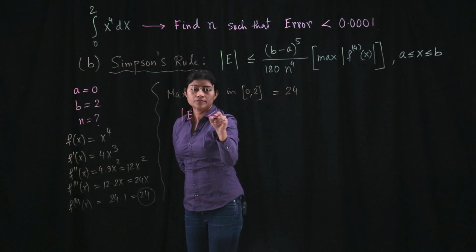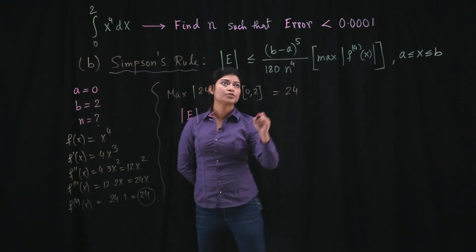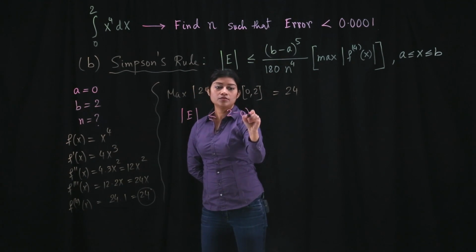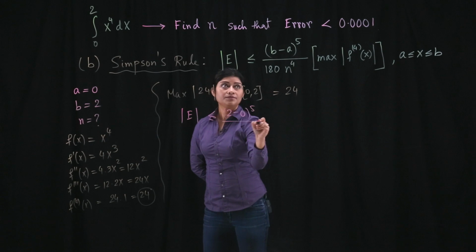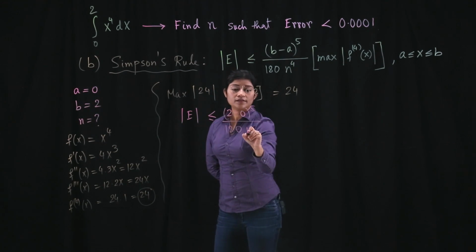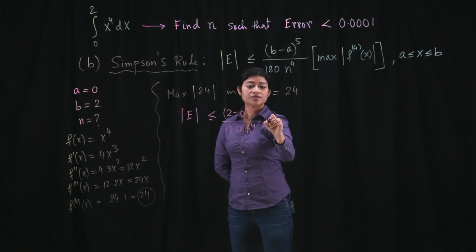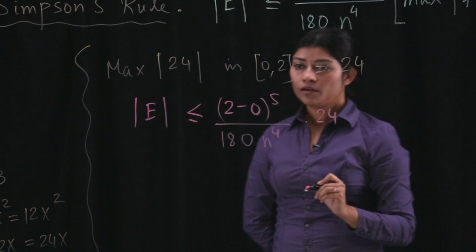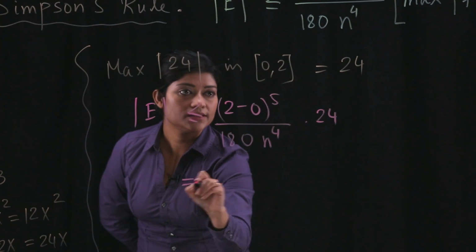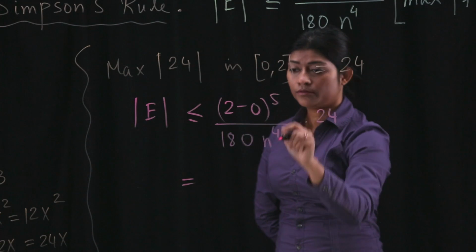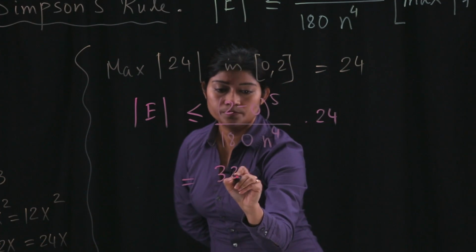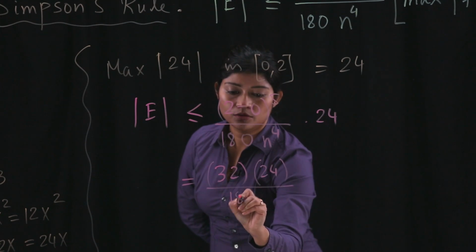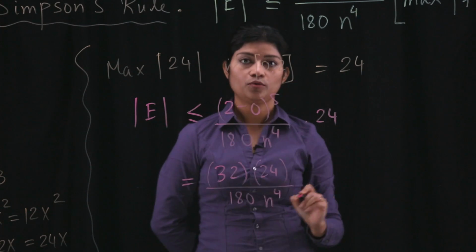So we have everything. Let us compute the error. The error is less than or equal to, we have b minus a, so 2 minus 0 to the power 5, divided by 180 n to the 4, times the maximum, which is 24. This is 2 to the 5, so that's 32 times 24 over 180 n to the 4.